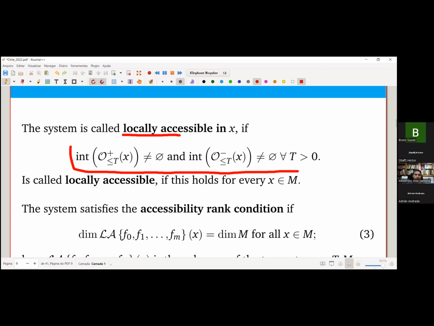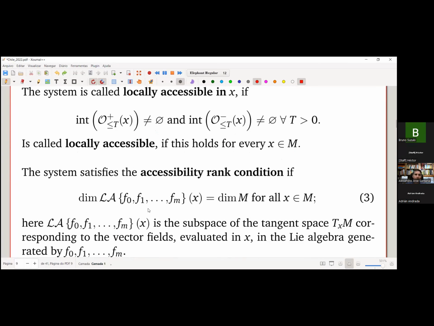And it is called locally accessible if this holds for every x in M. We also say that the system satisfies the accessibility rank condition if you have this equality: the dimension of the subspace LA is equal to the dimension of the manifold, where this subspace of the tangent space of M at x corresponds to the vector fields F0, F1, and so on, evaluated at x.